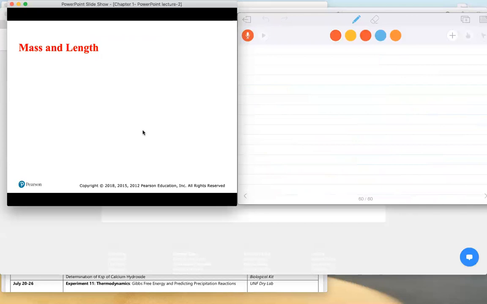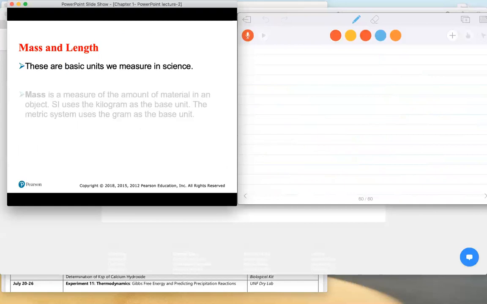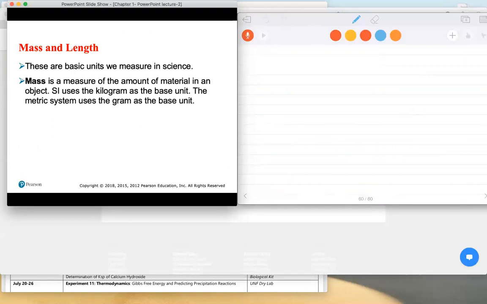Let's real quick look at mass measurement and length, still on the metric system. You should know the base unit for measuring mass, and of course, mass is defined as the amount of matter in an object. Don't confuse weight and mass.